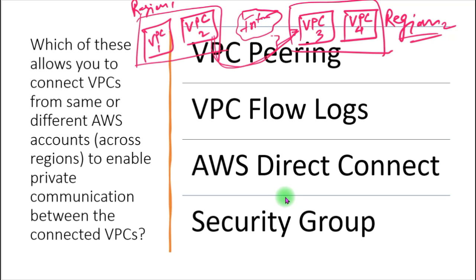We have two types of peering when we connect these VPCs. When we connect VPCs within a region, it's called local VPC peering. When we connect a VPC from one region to another region, like this connection, it's called remote peering.